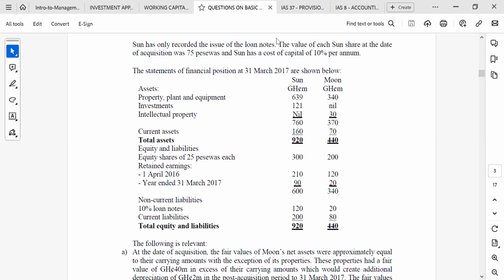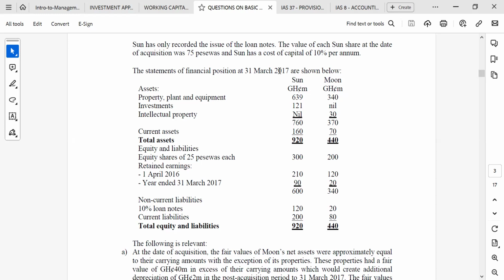Go to our equity and liabilities. The equity component, which one are we going to be bringing?